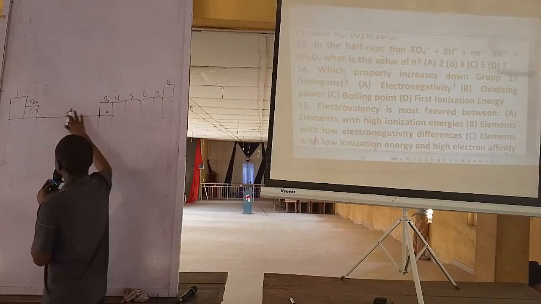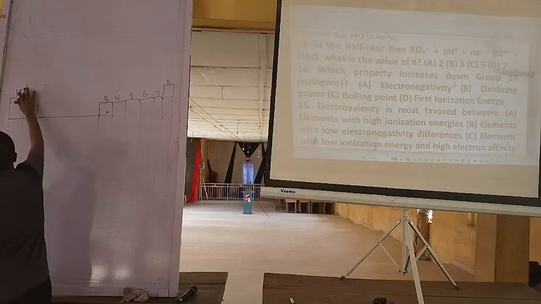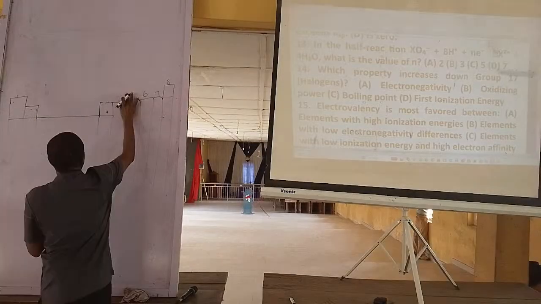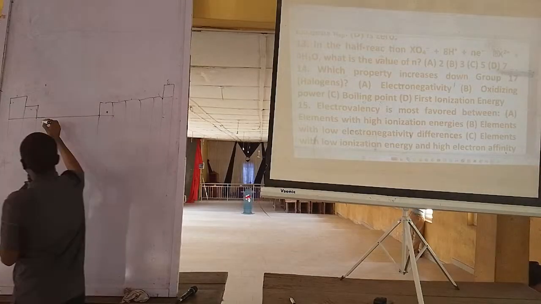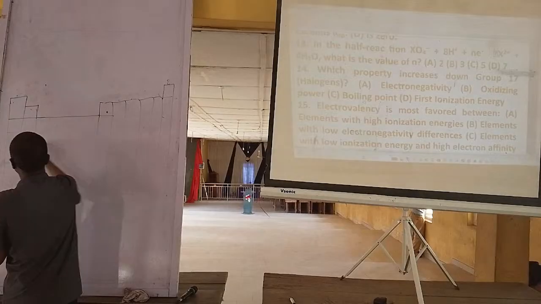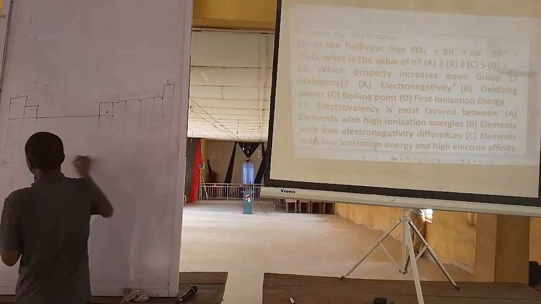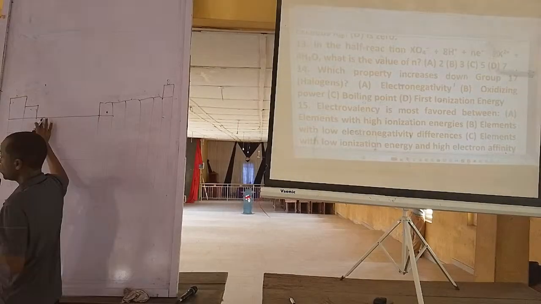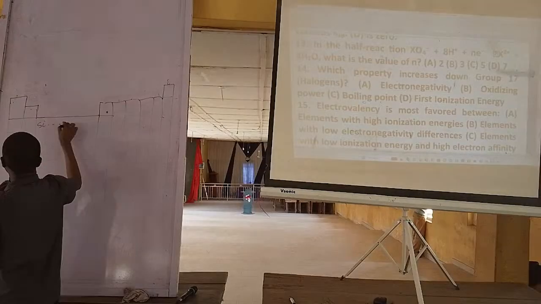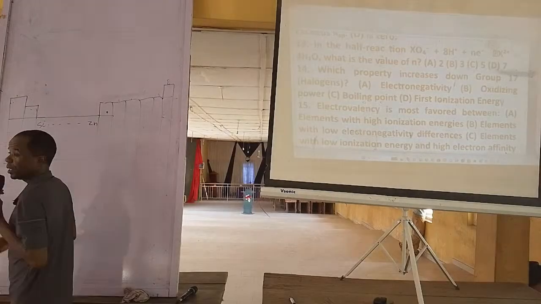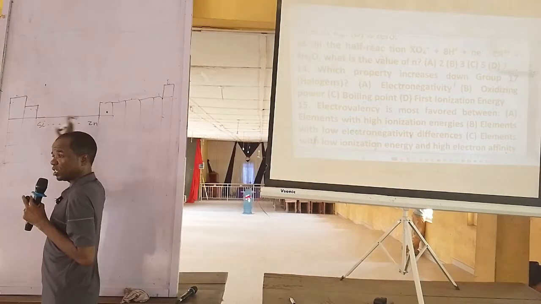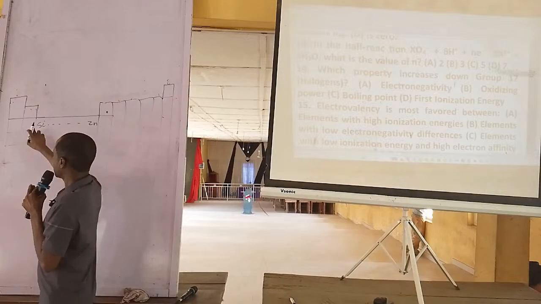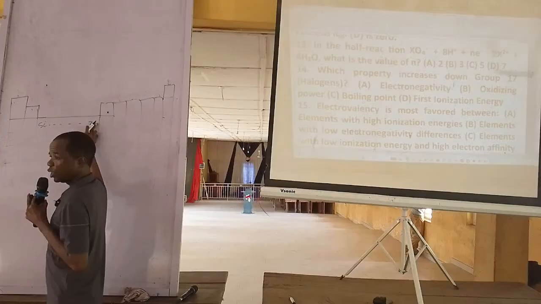But at times, there are times that they don't just include this one. Don't forget there are elements in each of these rows, and if you know very well, there are usually 10 elements in each of the rows, from the scandium here to the zinc here.